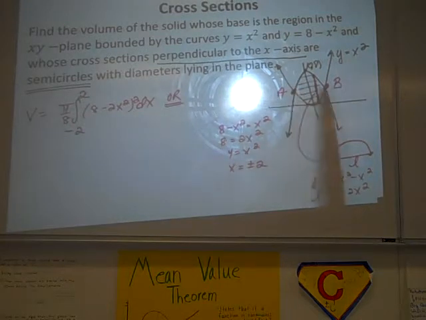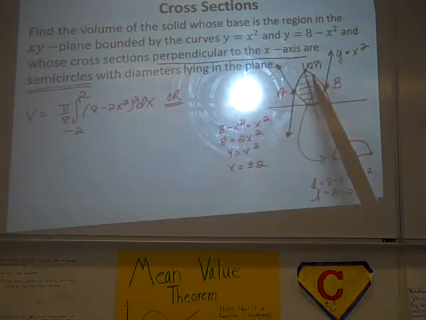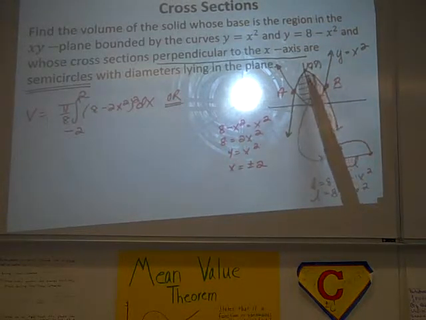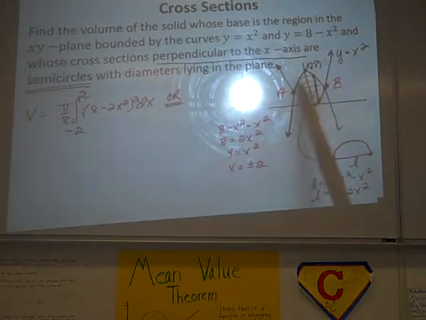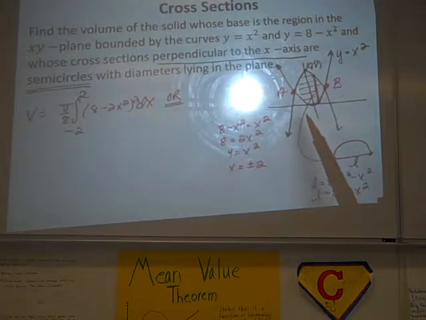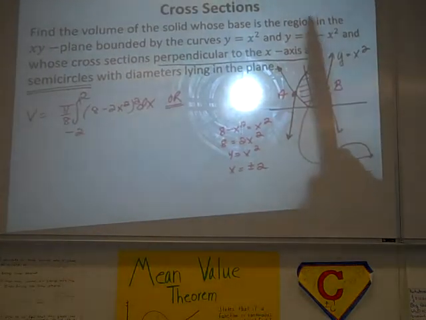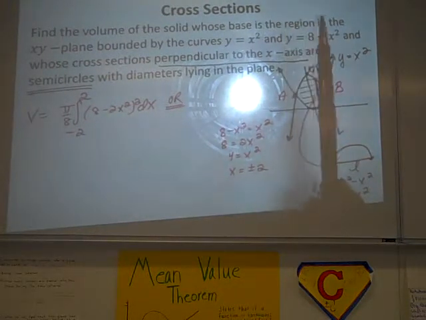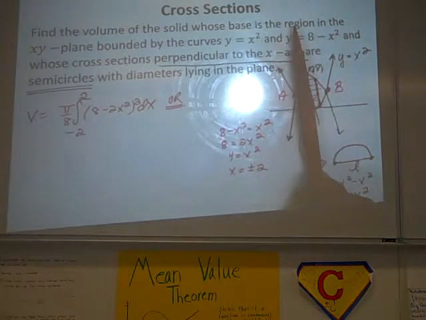But if we look at the region that we're talking about, both the y equals x squared parabola and the 8 minus x squared parabola are symmetric with respect to the y-axis, meaning what you have to the right of the y-axis is a reflection of what you have to the left. I mean y-axis, my apologies. What you have on the right of the y-axis is exactly equal to what you have on the left of the y-axis. That means that the volume on the right is equal to the volume on the left.